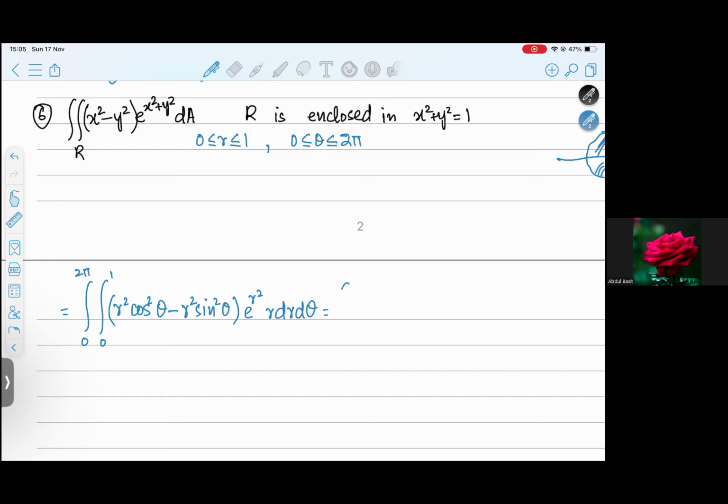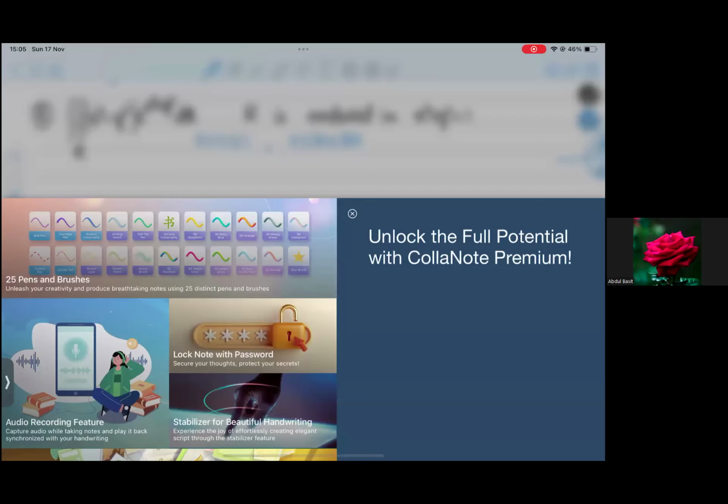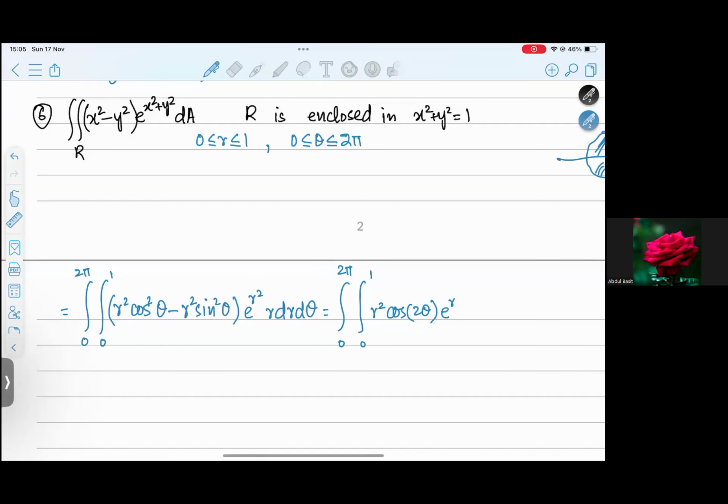Okay, I can just take r square common, and we will be left with cos square theta minus sine square theta, which is cos of 2 theta, and e to the power r square, e to the power r square r dr d theta.